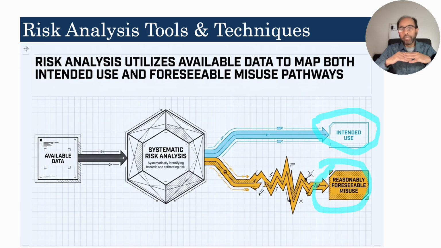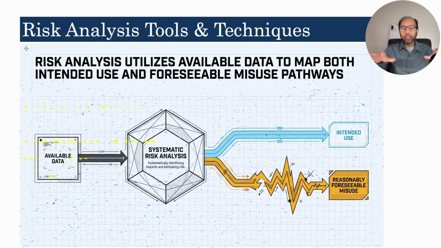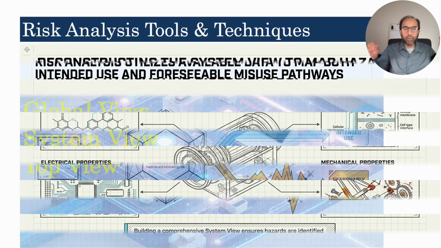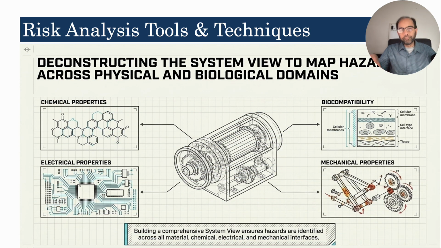In my personal case, my team, myself, I laid out always a global view, a system view, a top view of any system that you're designing or developing, whether it's a manufacturing system, a medical device, any other systems. A system is one consisting of components and subsystems that work together as one system. So I would always look at the overall system.